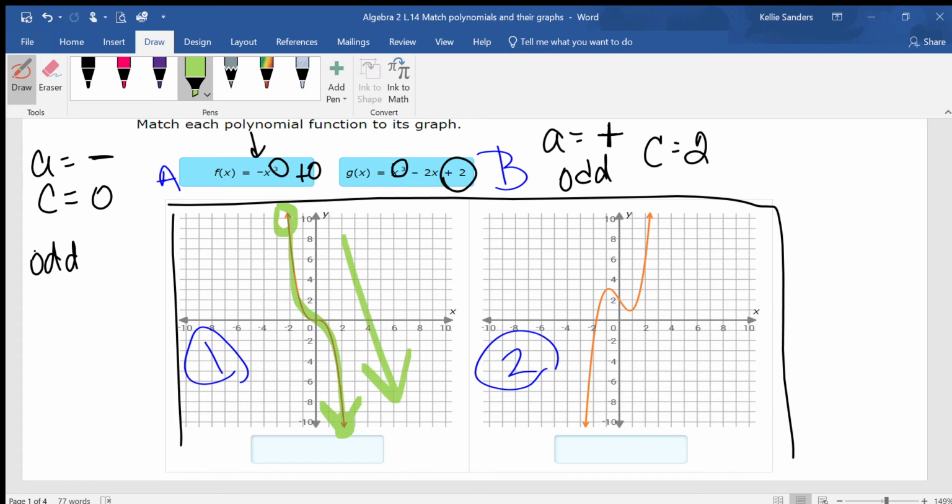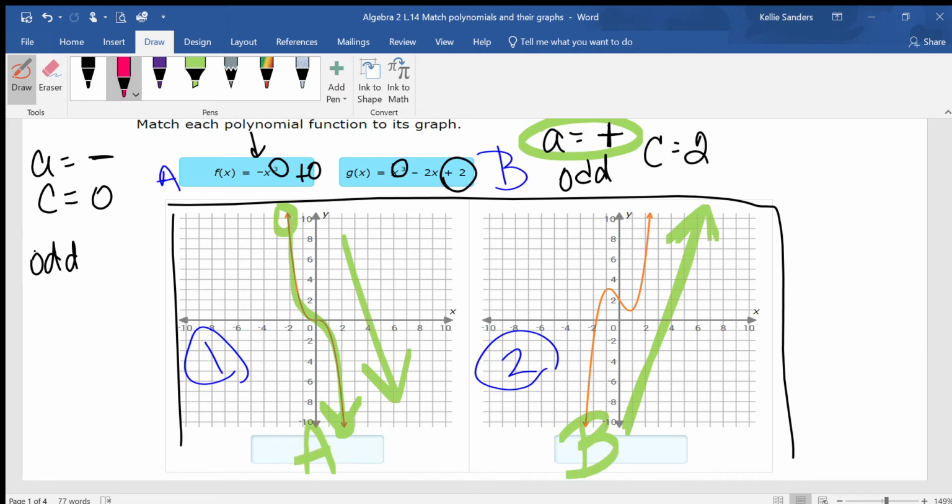It's going down. On this one, it's going up. So if this A is positive, that means it's going to go up. So this one's going to be B, and this one's going to be A. It also crosses the y at 0, and this crosses the y at 2.